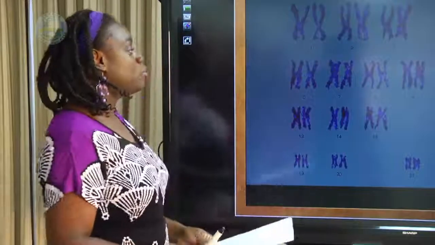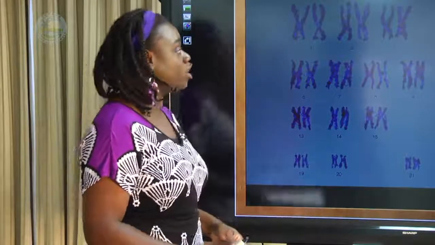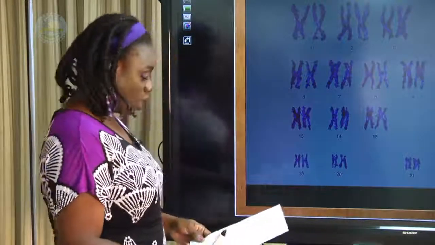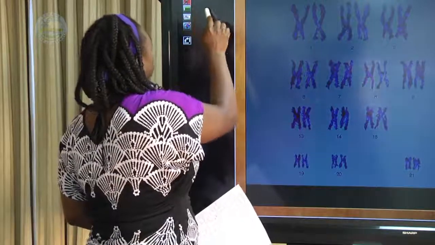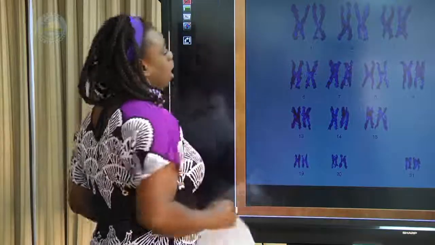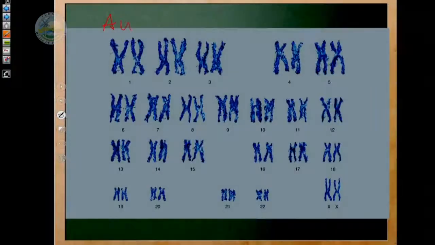Okay, humans have 23 pairs of chromosomes. The first 22 pairs are called autosomes, and the 23rd pair is called the sex chromosomes.